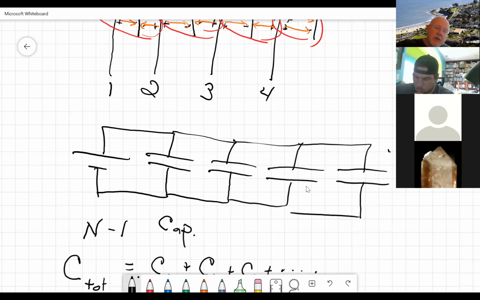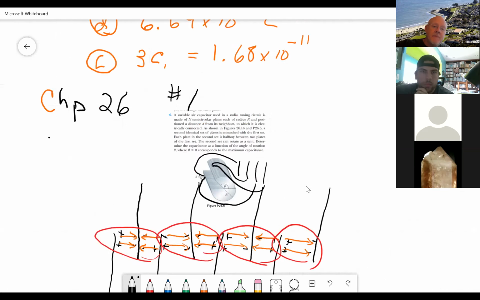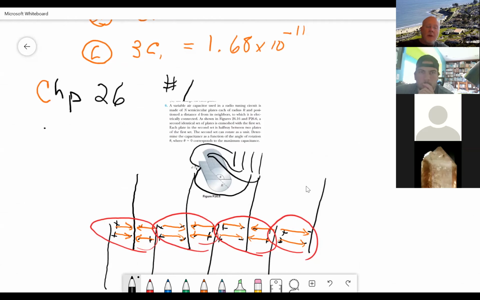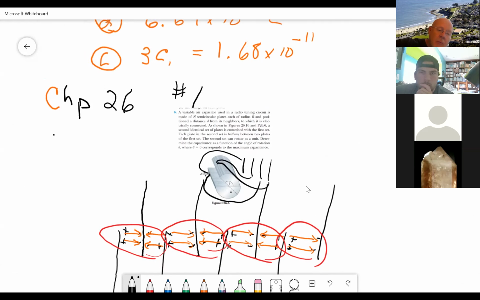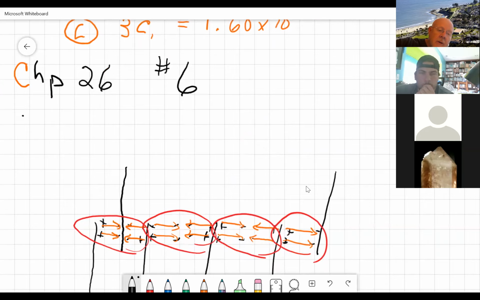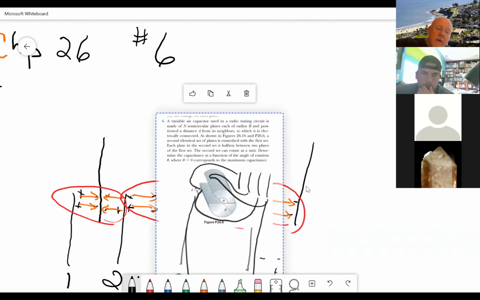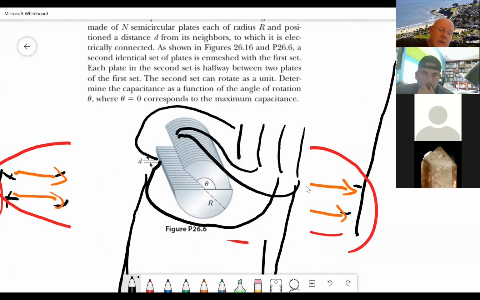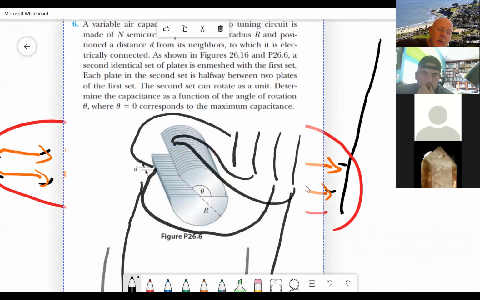You come back to the picture. And maybe I need to make it a little bigger here for a second. What they call D in the problem is not the distance between a positive and negative plate.